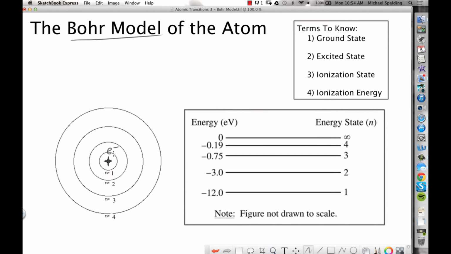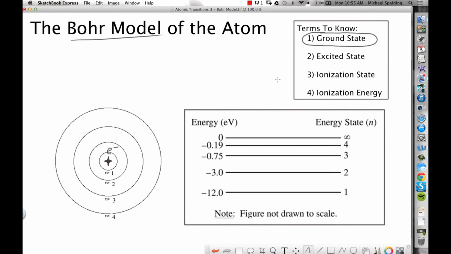If the electron is as close to the nucleus as possible, meaning in this first energy level, so see we have n equals 1, first energy level, second, third, fourth. The n's in this diagram indicate energy level. If an electron is as close to the nucleus as possible, we refer to that as the ground state.